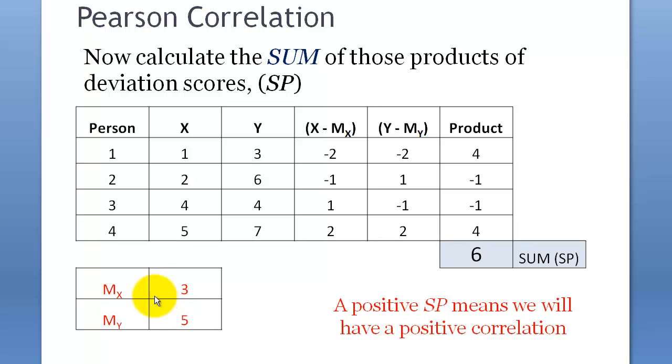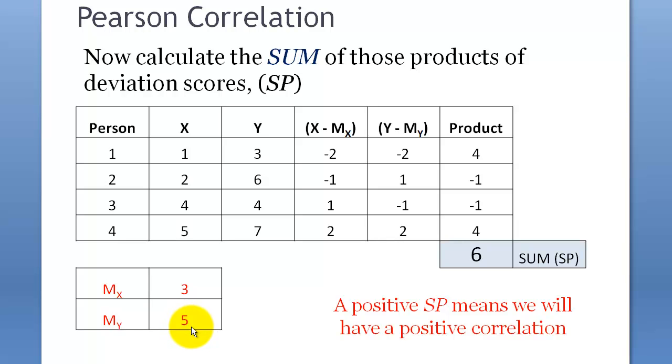I think what we're trying to do is get deviations from this single point, 3 and 5.